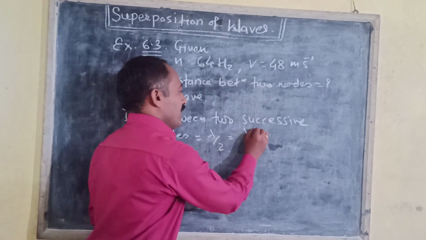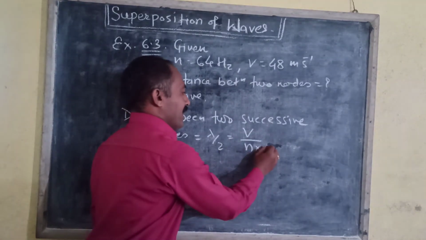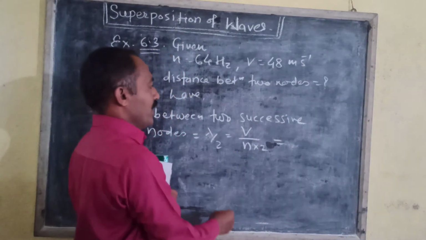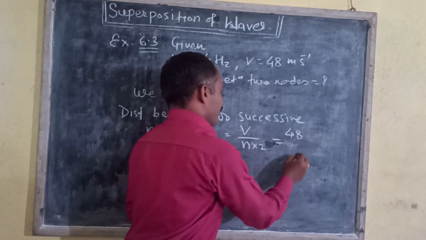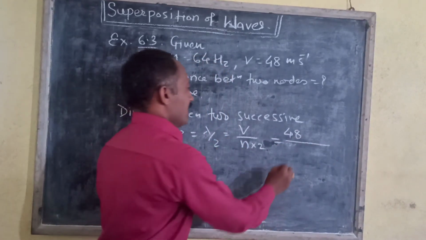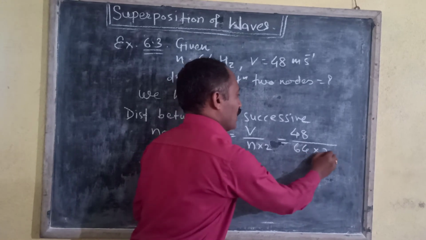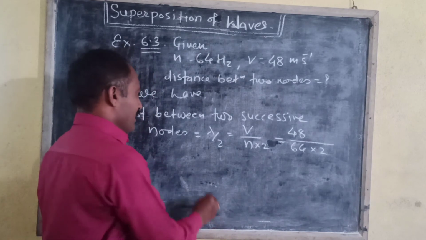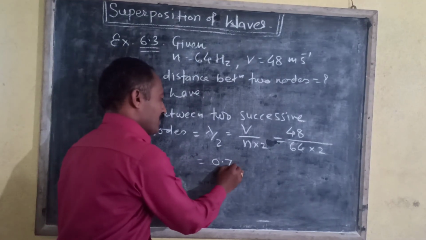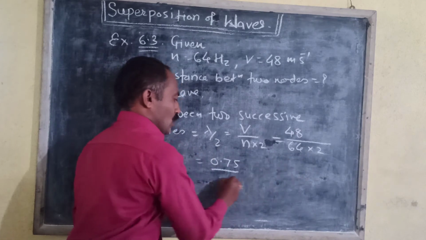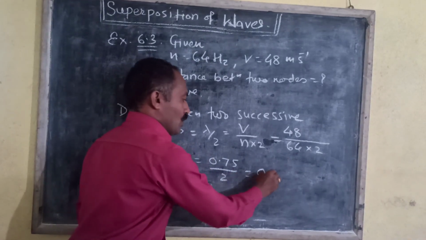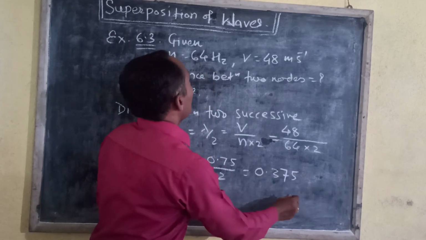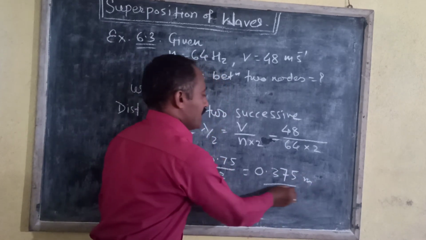Lambda by 2 is equal to V upon 2n. Now we have the values. V is equal to 48 divided by n, that is 64 multiplied by 2. If we divide 48 by 64, we get 0.75, and divided by 2 is equal to 0.375 meter. This is the answer.